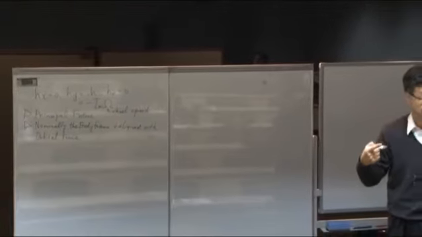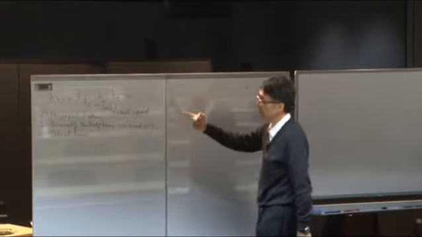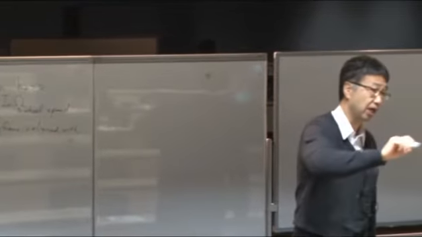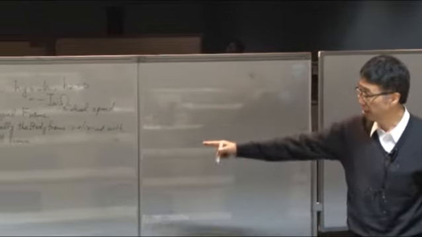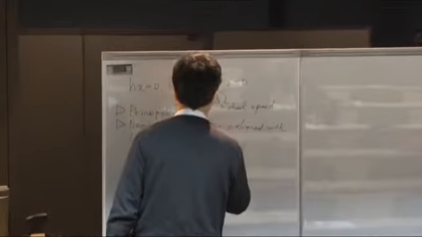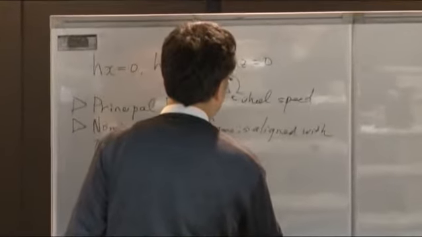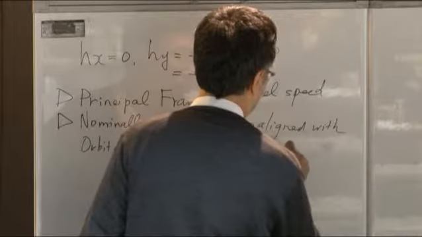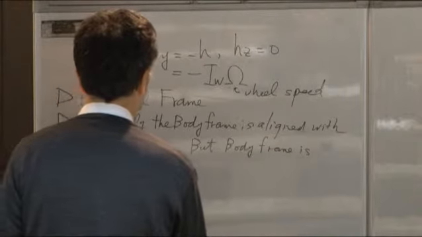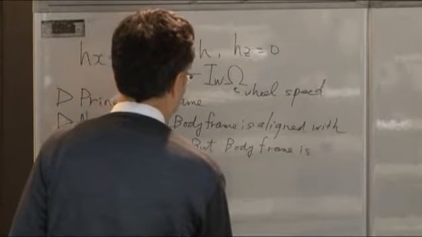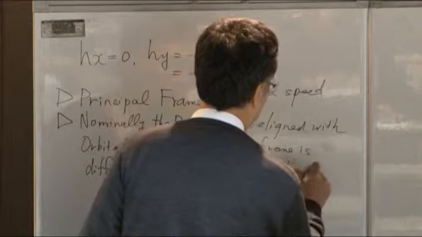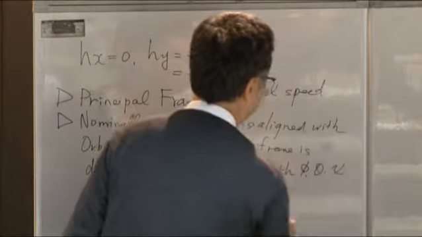That means the z-axis of the body frame should be aligned with the direction toward the nadir. Nadir means the center of the Earth. This is an idealistic situation, but the body frame is a little different from the orbital frame, by phi, theta, psi.